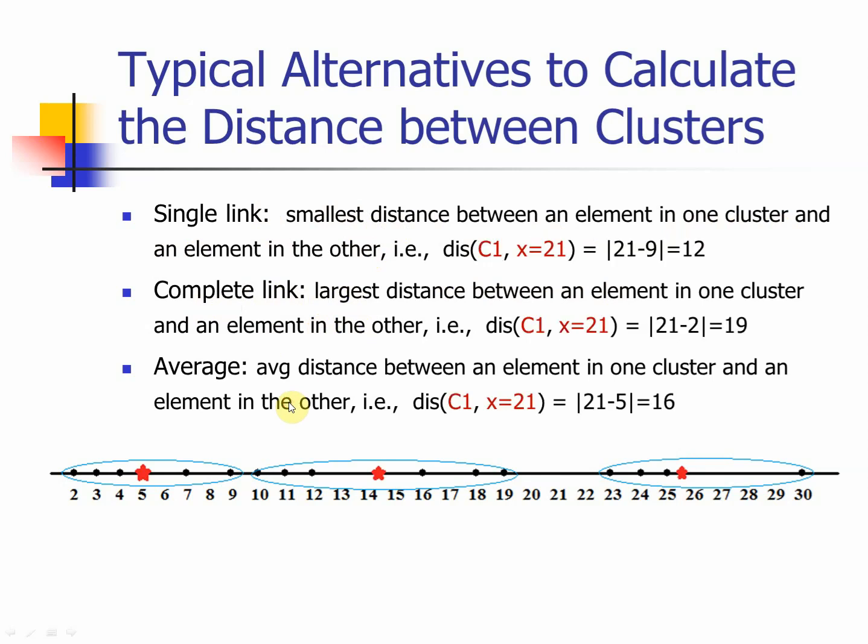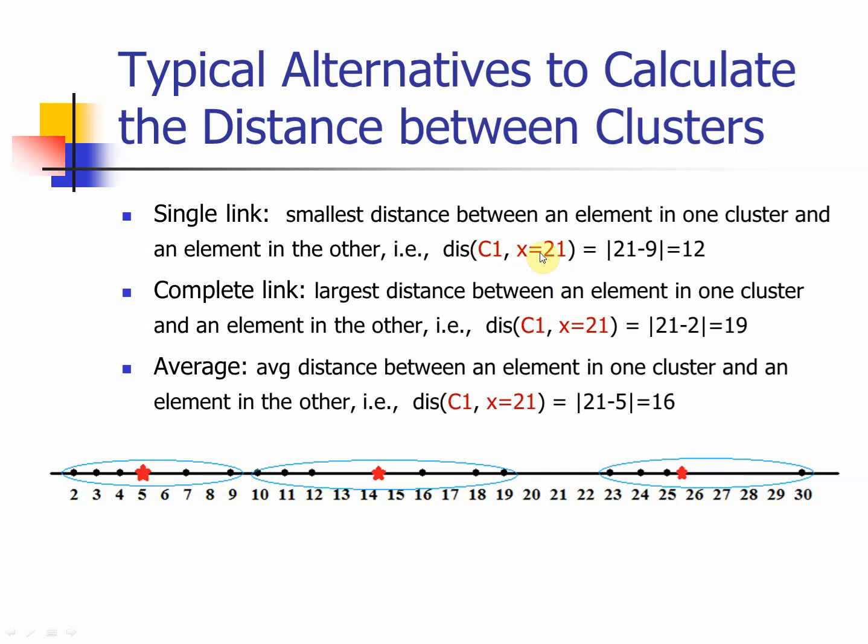In other words, say I want to find a distance for the single link concept, for an item at x equal to 21, and I want to calculate the distance between that point and cluster number 1.